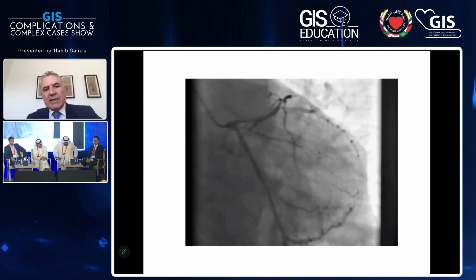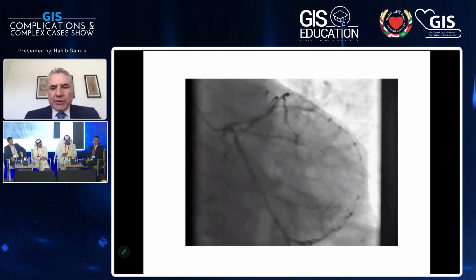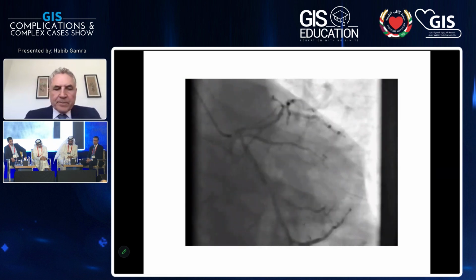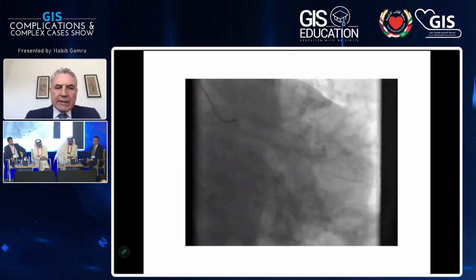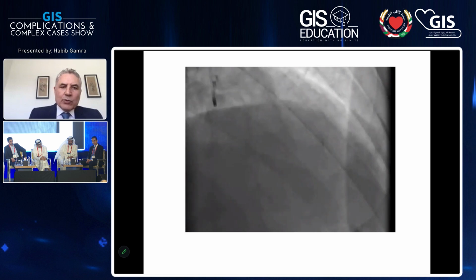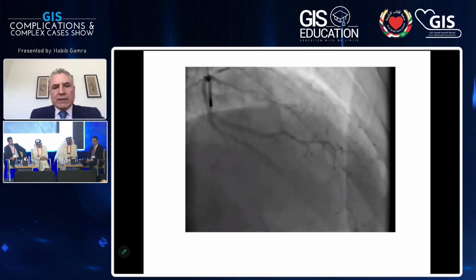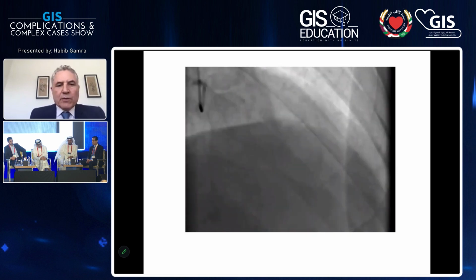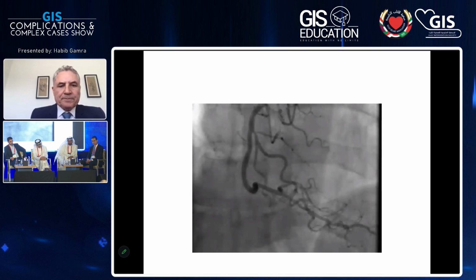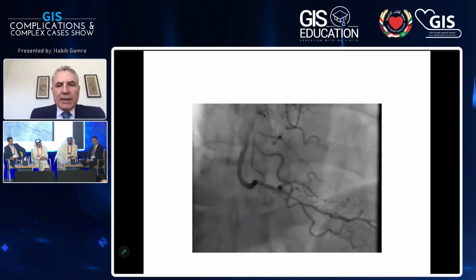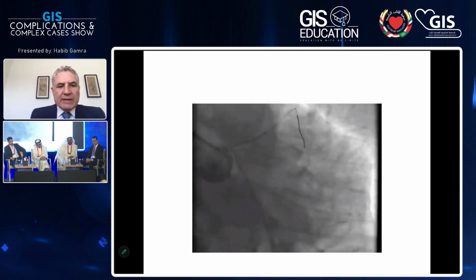This is his left coronary artery system with a tight lesion of the proximal LAD that you can appreciate here. The distal LAD is diffusely diseased, but the flow is quite acceptable. The right coronary artery is free of any significant disease.